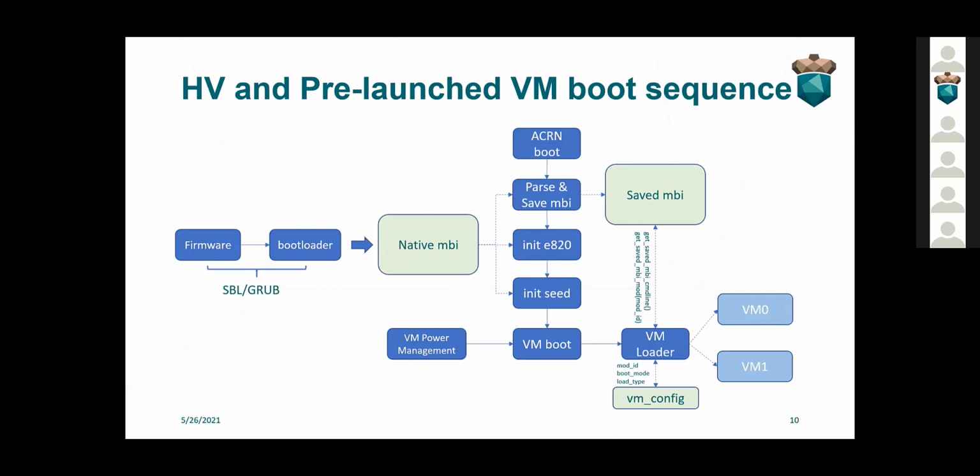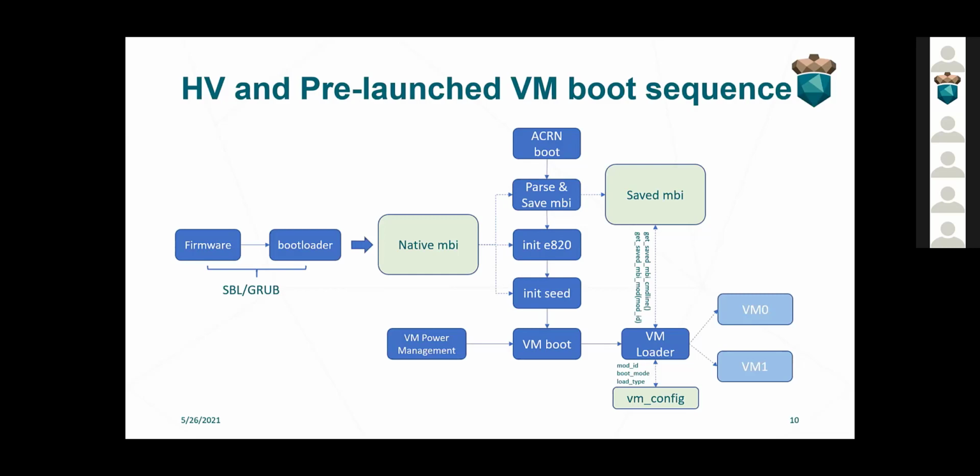And with this boot info, because the memory map information is stored in multiboot, we can initialize the E820 table based on the multiboot info structure. And we can do init seed, and then put the VM and start to run their software VM loader.